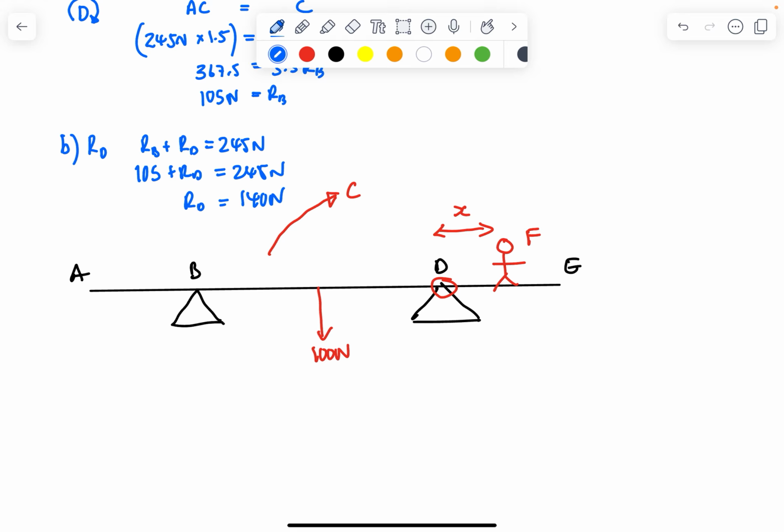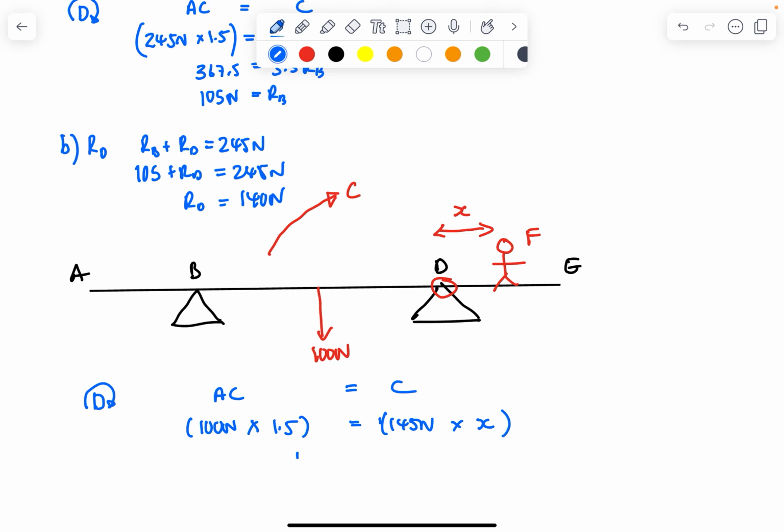So what have we got? We're going to take our moment about D, as it's about to tilt about D, and again, we think about anti-clockwise and clockwise. Well, anti-clockwise, I'm going to have the weight of the plank, my 100 newtons, and I know that that is 1.5 meters from D. And on the other side, I've got my 145 newtons, the weight of the child, times x, which I don't know.